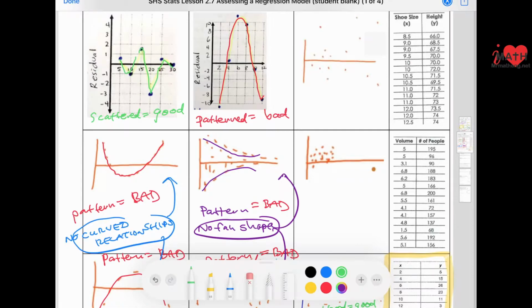Do you see how this point way over there? Okay, that's not good. So it kind of looks like there's a pattern, but this one is actually bad.